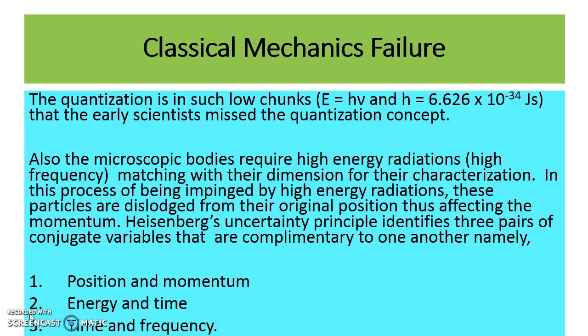Then how did classical mechanics not take notice of such a quantization of energy? The early scientists missed the quantization concept only because the quantization is in such low chunks, of the order of E equals h nu, nu standing for the frequency of the radiation and h, which is Planck's constant. If you look at Planck's constant value, it is very, very low, 6.626 into 10 power minus 34 joule second.